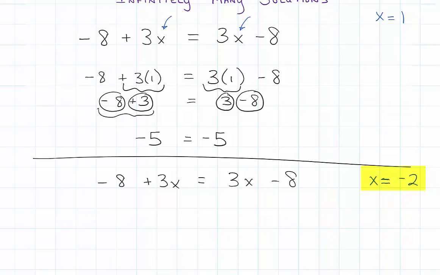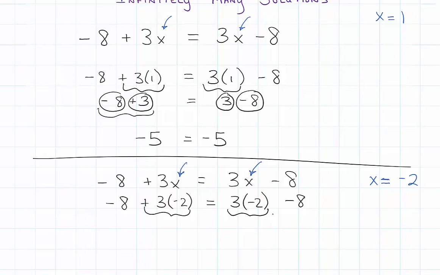This time, I'm going to try a negative number. I'm going to put negative 2 in for our variable of x and see if this will work out on both sides. So I have negative 8 plus 3 times negative 2 on the left side, and I have 3 times negative 2 minus 8 on the right side.